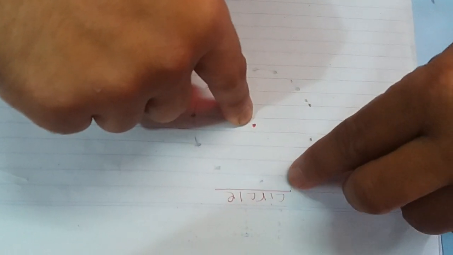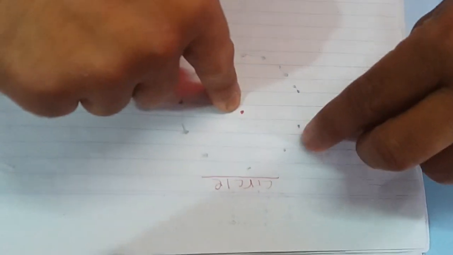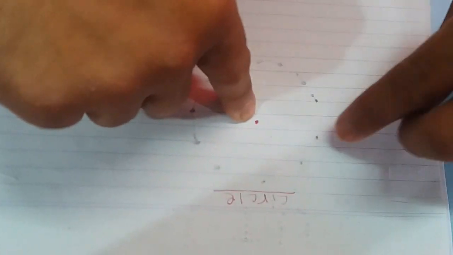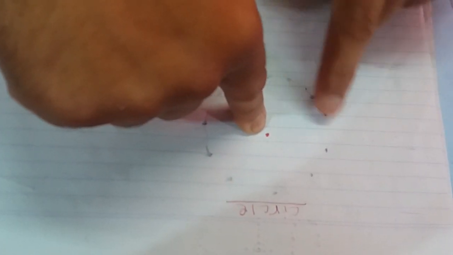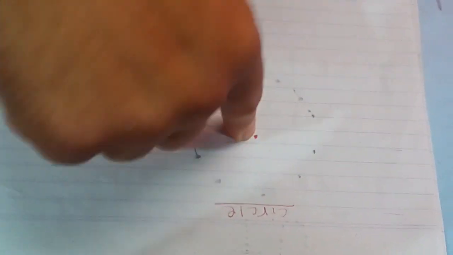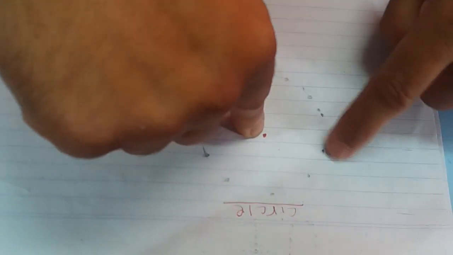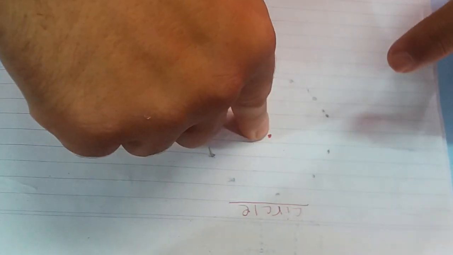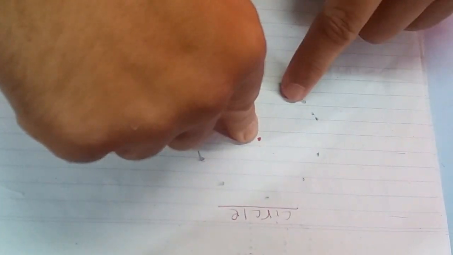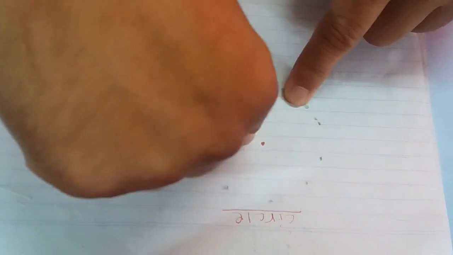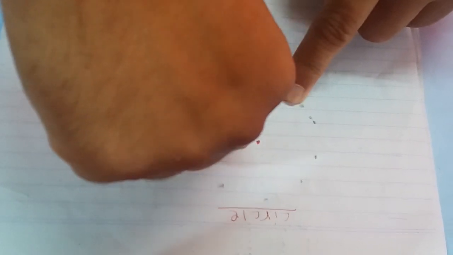This point moves in such a way, you can see through this dotted line, that it is always equidistant from this fixed point. This is the moving point and this is the fixed point.